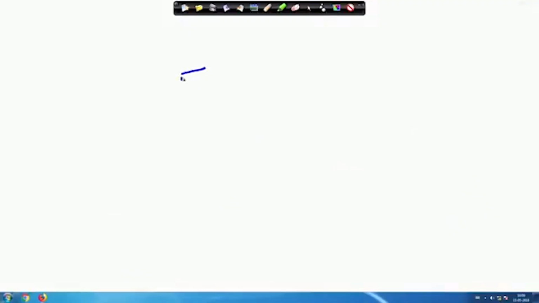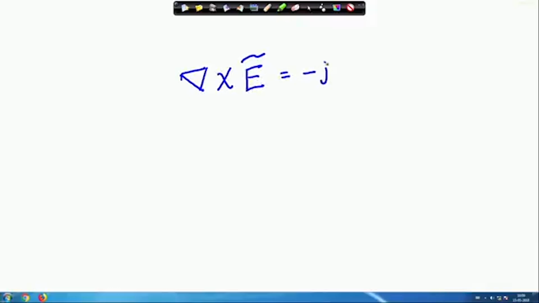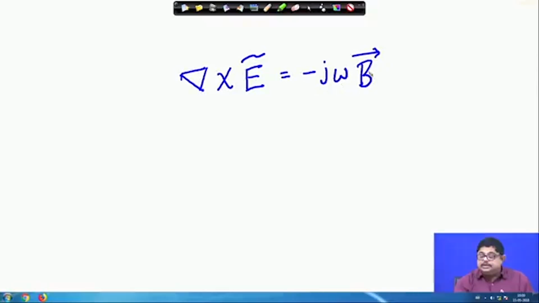We know that Maxwell's equations are the curl of the electric field phasor, that I can write as, where this omega is the sinusoidal excitation frequency.